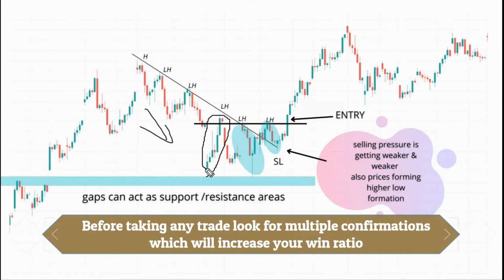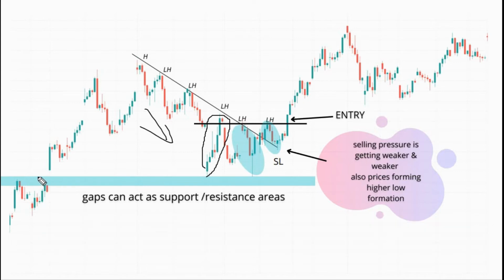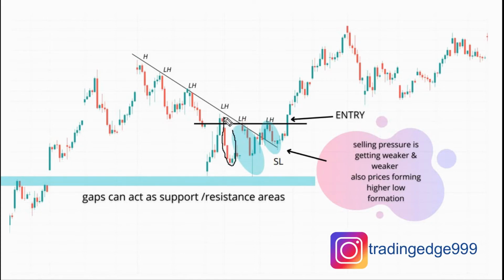So this is also an indication that this area is very very important for the demand side or for the bulls. Okay, but again sellers push the prices towards the downside, but it couldn't break the last swing low. So this is also an indication that sellers are losing momentum in this downtrend.